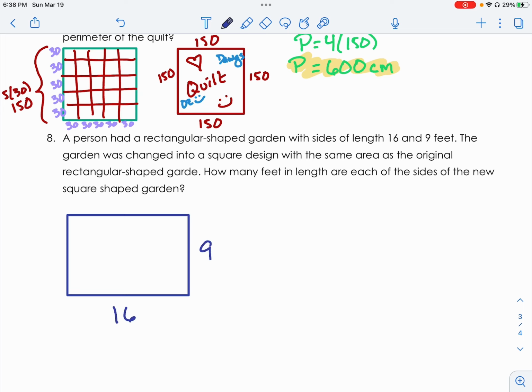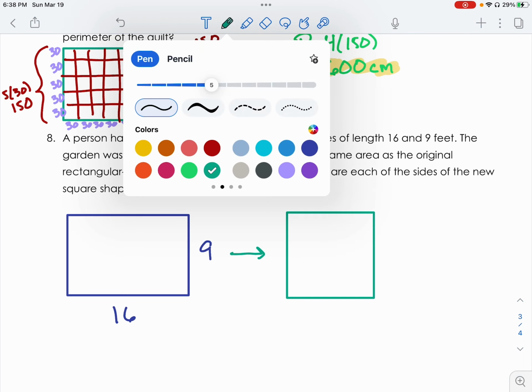And the garden got changed into a square design with the same area as the original. So due to budget constraints or lack of who knows what, we had to change this into a square. So we want to say, what are the new dimensions of our garden if we have the same area?